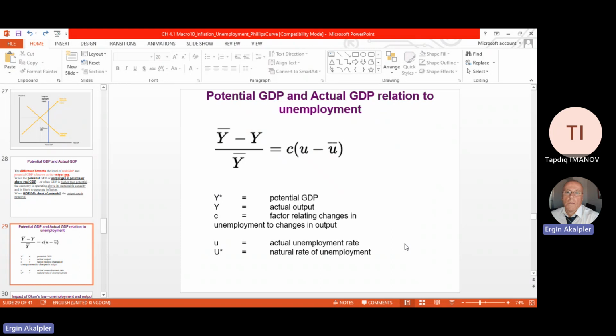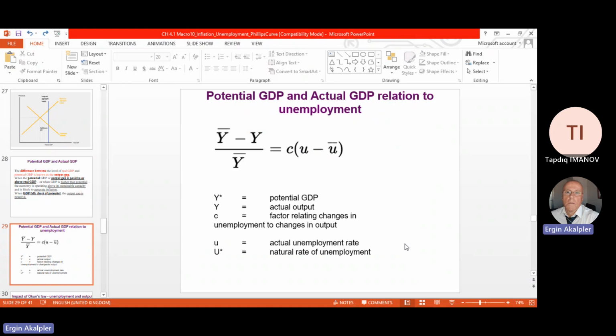If you subtract this potential GDP from the actual GDP and divide it by the potential GDP, this gives you the equation of the factors relating changes in unemployment to changes in output, which is an important coefficient for estimating the differences between the actual unemployment rate and the natural rate of unemployment, which is represented with U, or U star, as I mentioned in the explanation below.